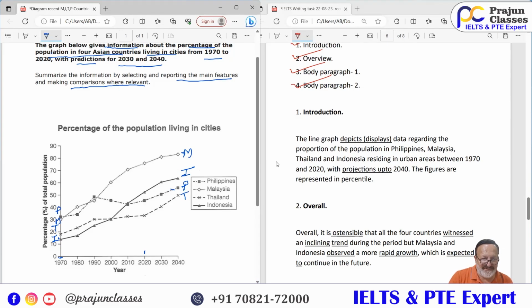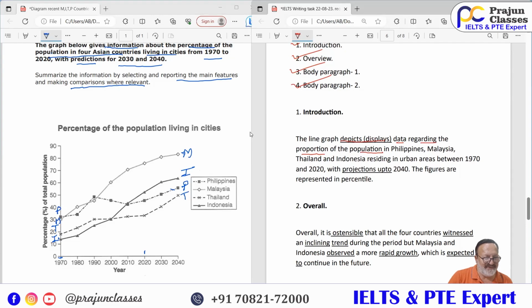Okay. So now let's see the introduction. For the introduction, you have to paraphrase what is given in your question. So for the line graph, now instead of gives, we say depicts or displays. For information we have taken data, regarding the proportion, so for percentage we have written proportion of the population in, now they have said 4 Asian countries.